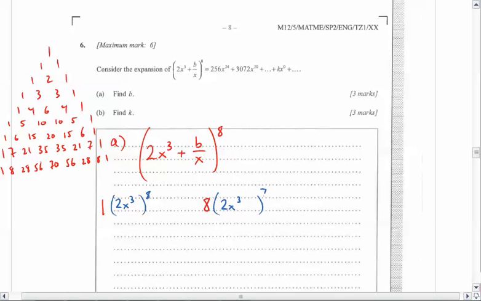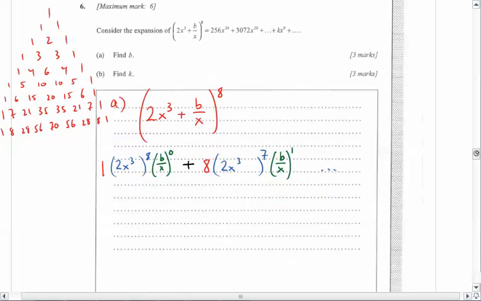And the next term is going to have 7, and then 6 and 5 and 4 and so forth. And what happens with the b over x term is that I start with 0 of them, and they grow. 1 on the second term, 2 on the third term, and so on and so forth. If I add all those terms together, then I get the full expansion.